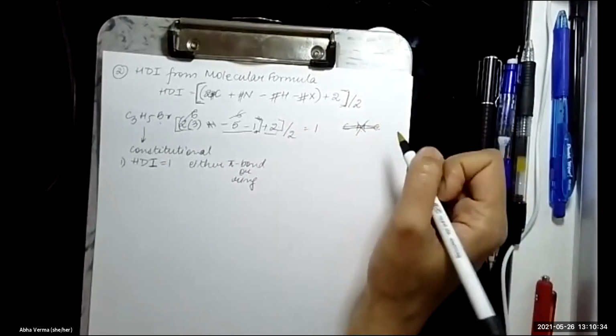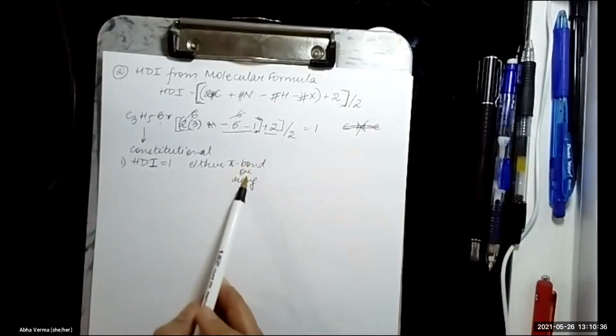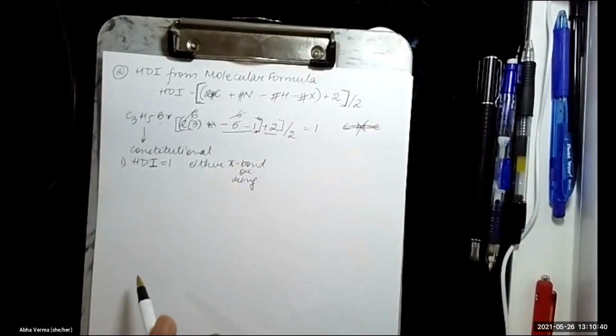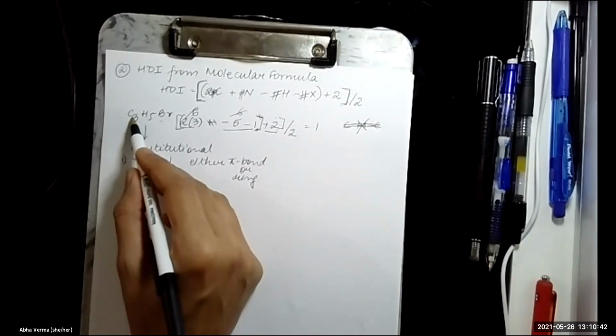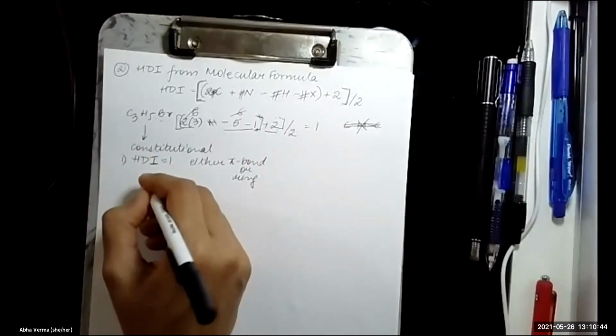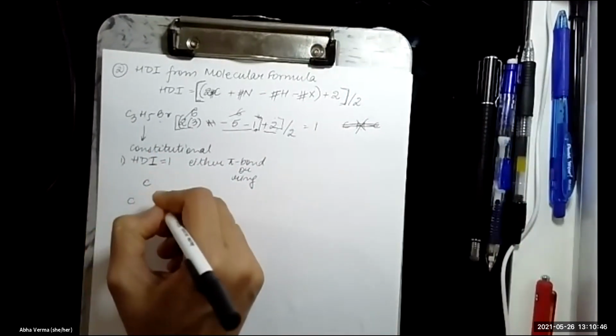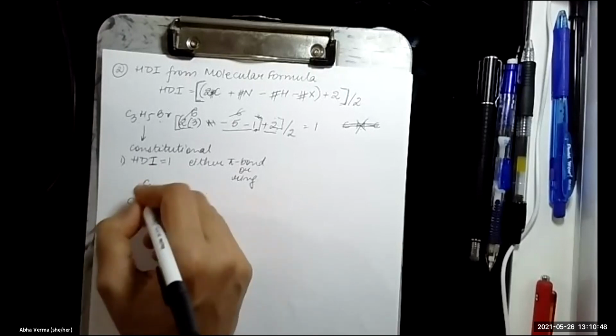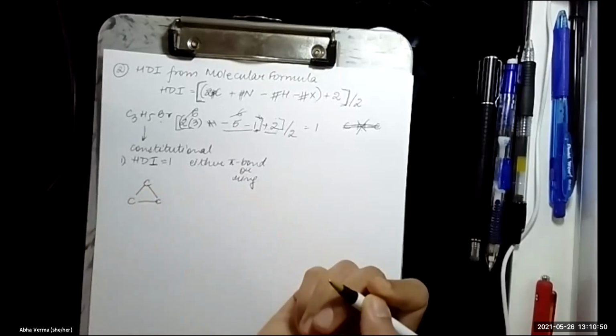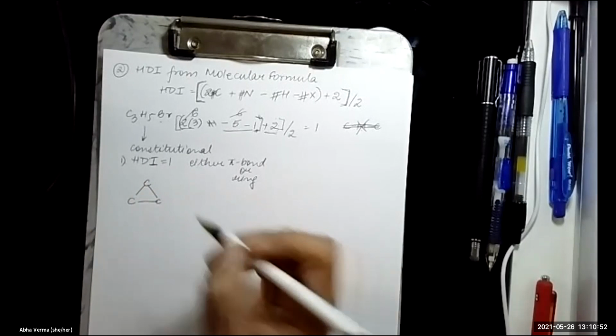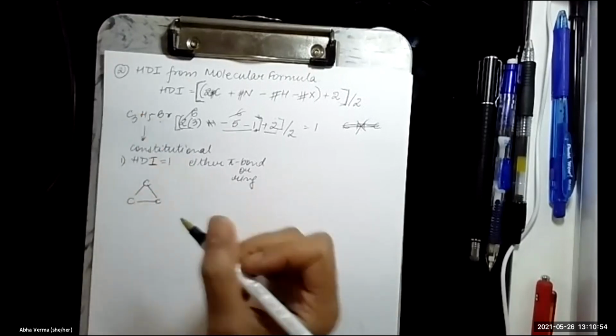Always remember that. So with that in mind, that we either are going to have a pi bond or we are going to have a ring, let me draw the smallest ring possible first. So I'm going to write it in a triangular shape. And then what is the next thing that I do?